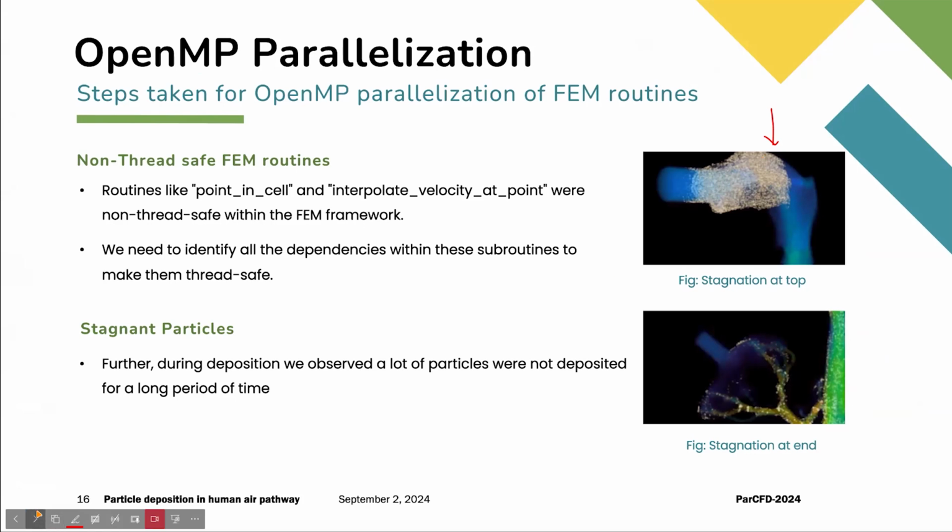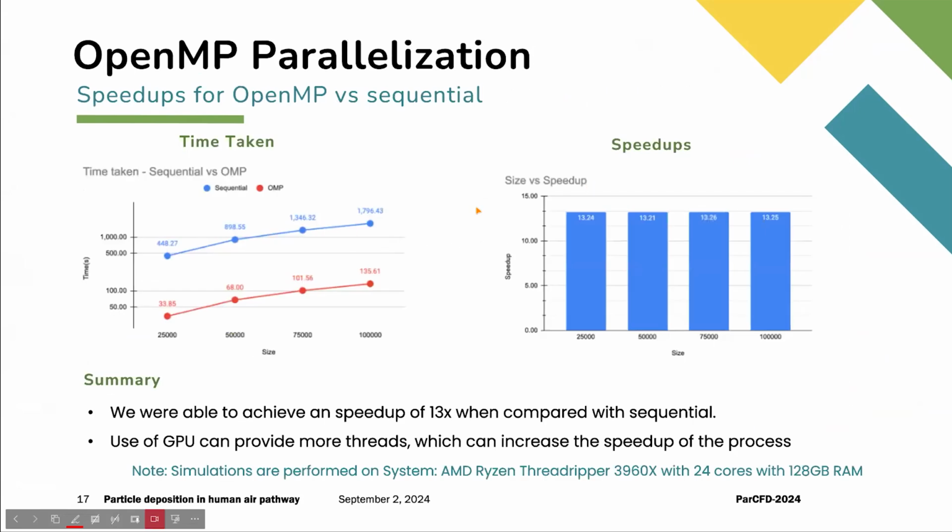Okay, so once the first implementation was done, we achieved close to a 13x speedup for all particle sizes. This was done on an AMD Threadripper system with 24 cores and 48 physical threads available.